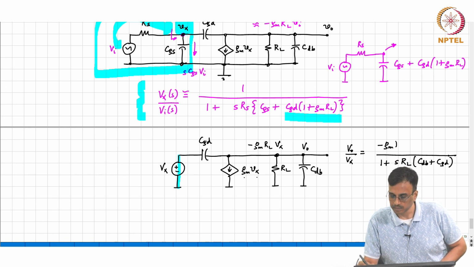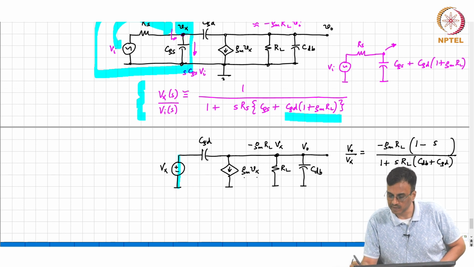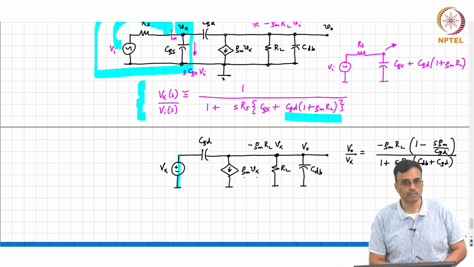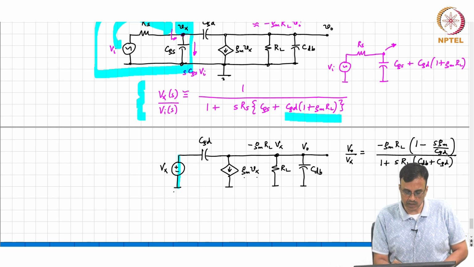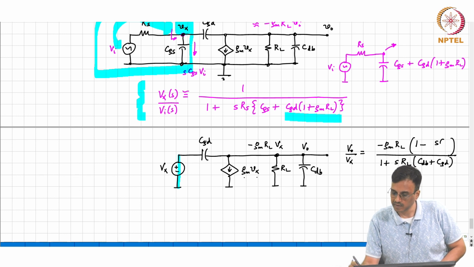Minus GMRL, and you will have a right half plane zero, 1 minus S CGD over GM, correct.